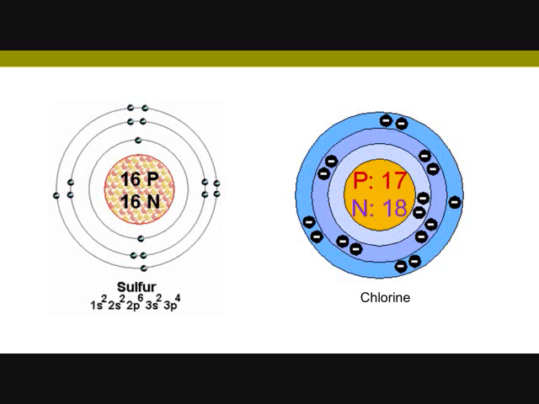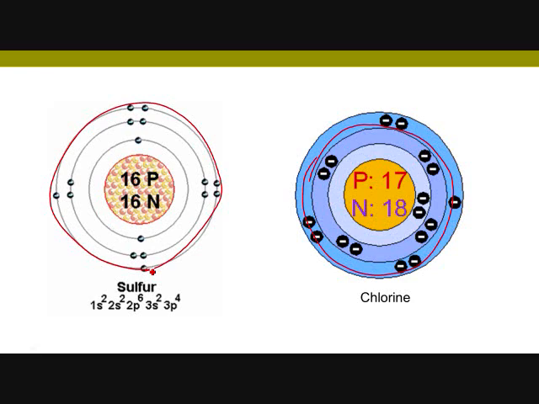Even though chlorine has one more proton and one more electron, chlorine is smaller because the extra electrons that get added are in the same energy level as the valence electrons for sulfur. Because they're the same distance from the nucleus, it's not making it bigger. It's in the same level, so the nucleus has more power to pull that level towards itself.